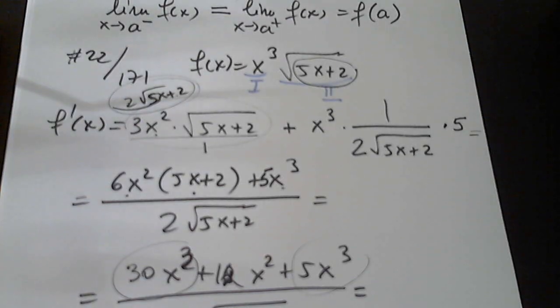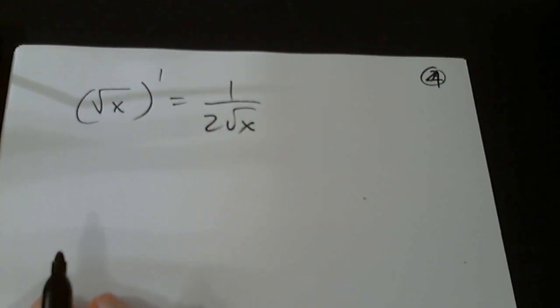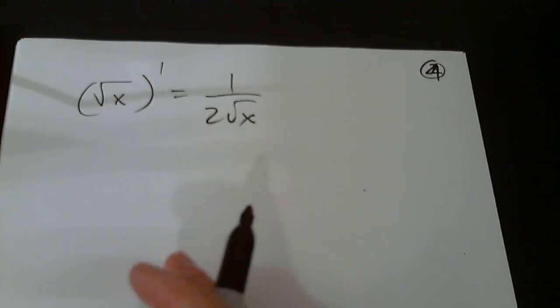Now, when it comes to the square root, I said this is the only one I don't recommend. Please don't change it into a power. This is 4 actually. So we know that the derivative of the square root of x is 1 over 2 the square root of x. Don't look into it more than that. This is the simplest thing.